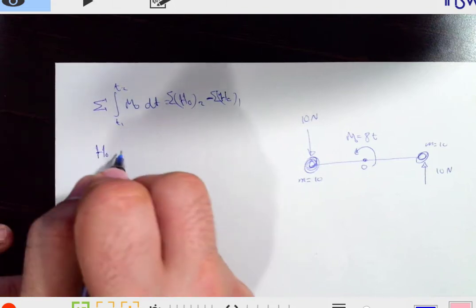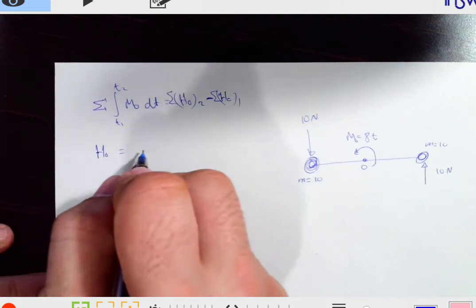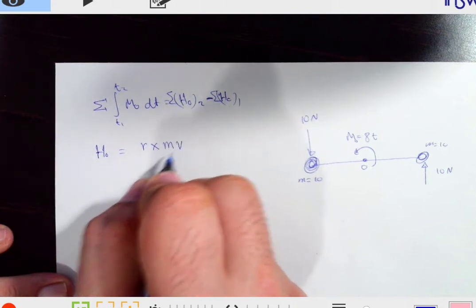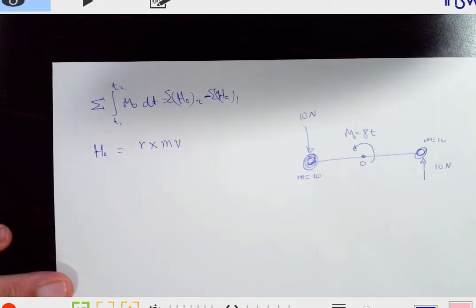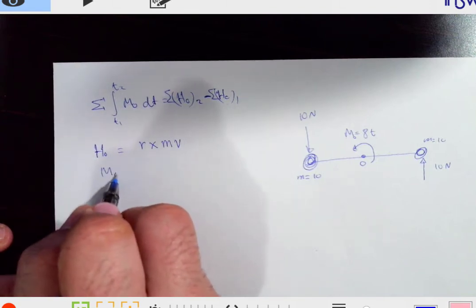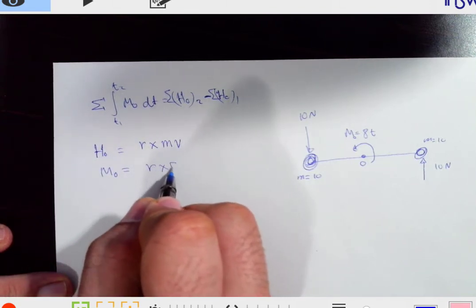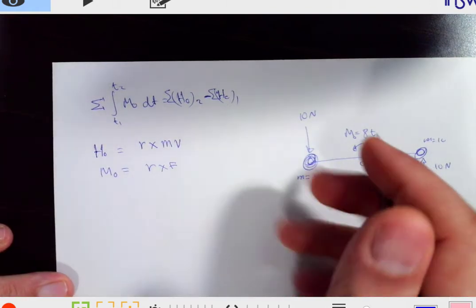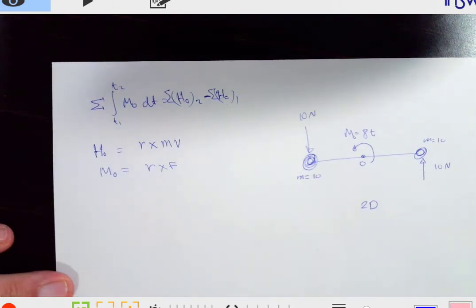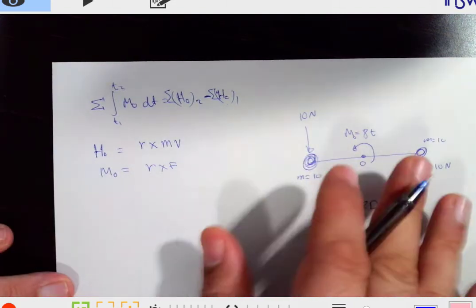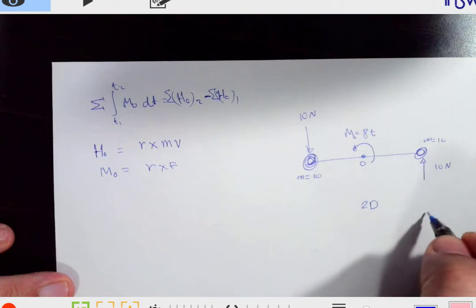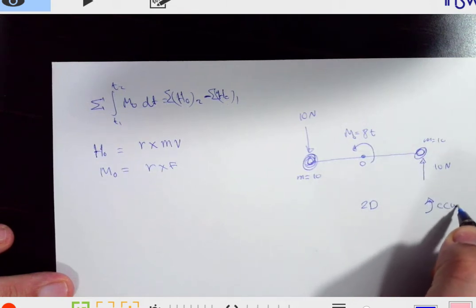Remember that the angular momentum is equal to r cross mv, and remember that the moment is r cross F. This is 2D. Anything off the plane is considered to be in the z direction of the plane of this paper. Since this is 2D, everything here is going to be off the plane. Consider counterclockwise to be positive.